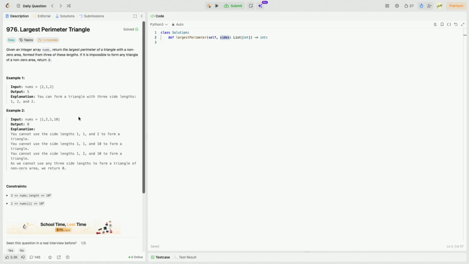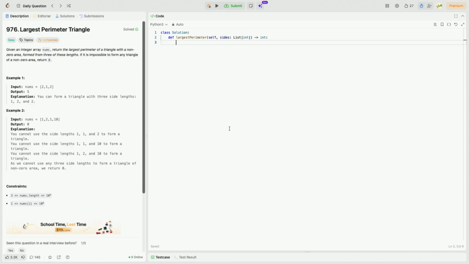So if the numbers were sorted, we could pick the longest side, and we could then try to find the 2 short sides, and we could try to pick them as large as possible, such that it's still possible to form a triangle.